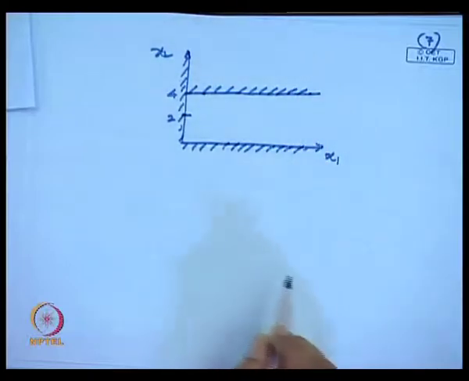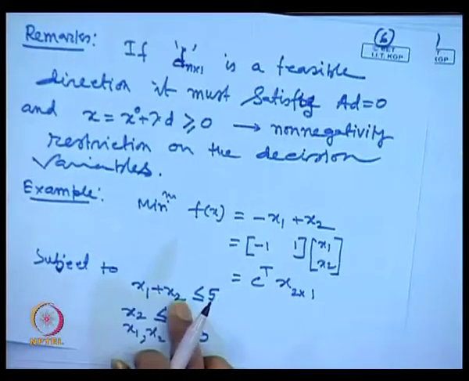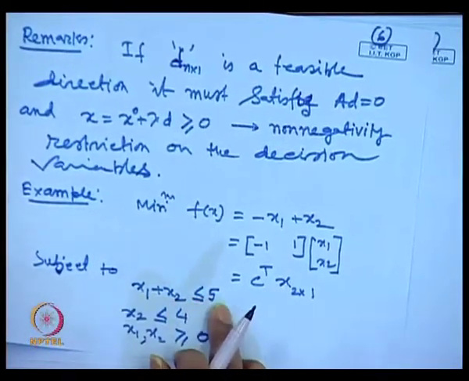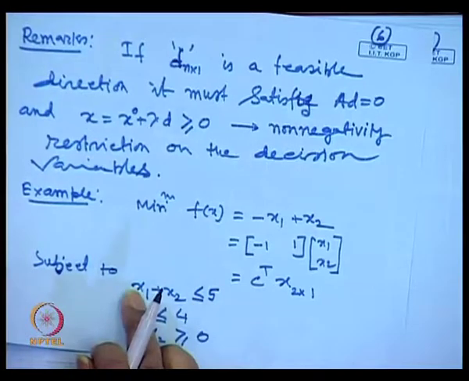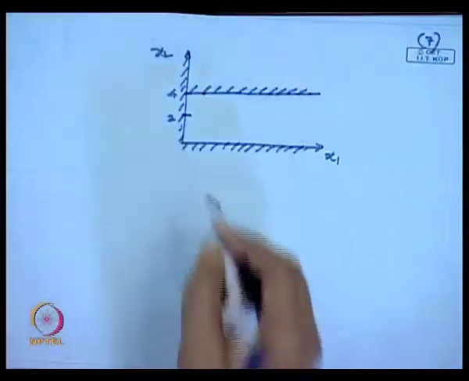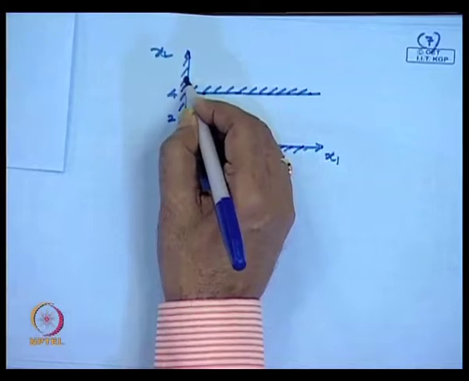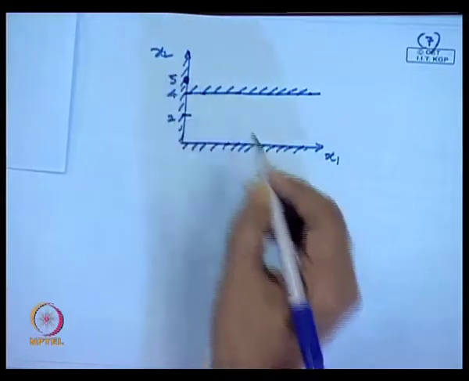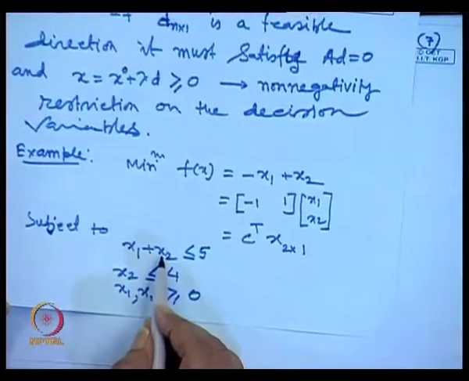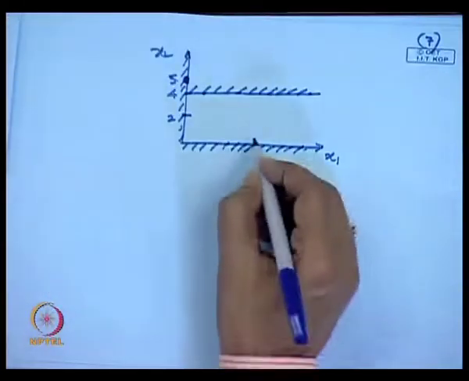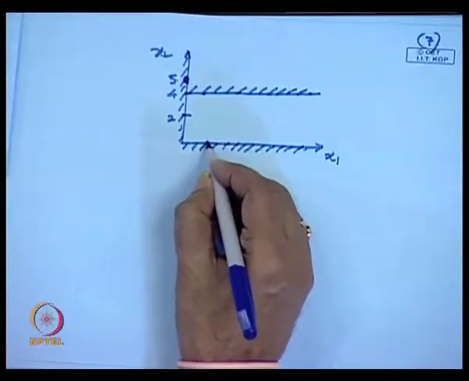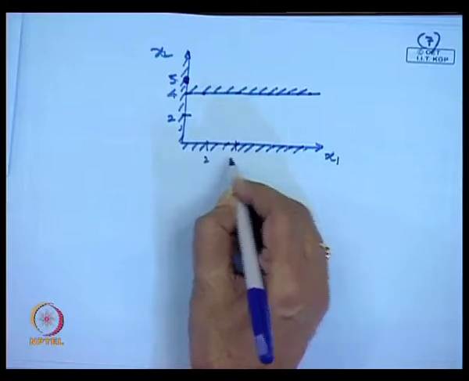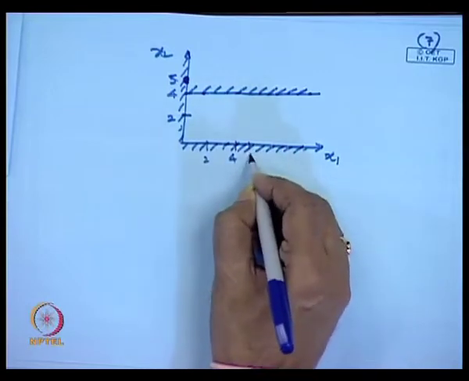Now, we have x1 plus x2 is less than or equal to 5. So, when x1 is 0, x2 is equal to 5. Let us call this 5. And similarly, when x2 is 0, x1 is 5. Let us call this 2, 4, and this is 5.